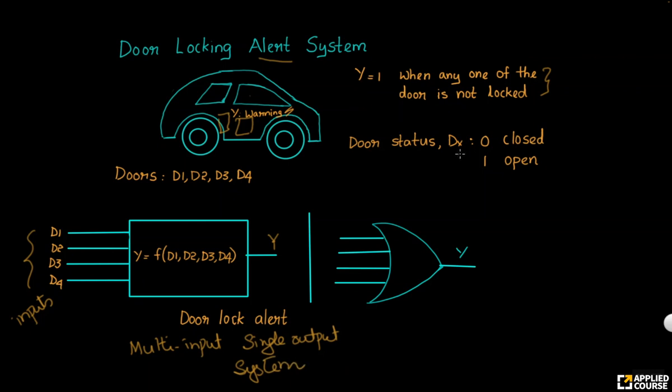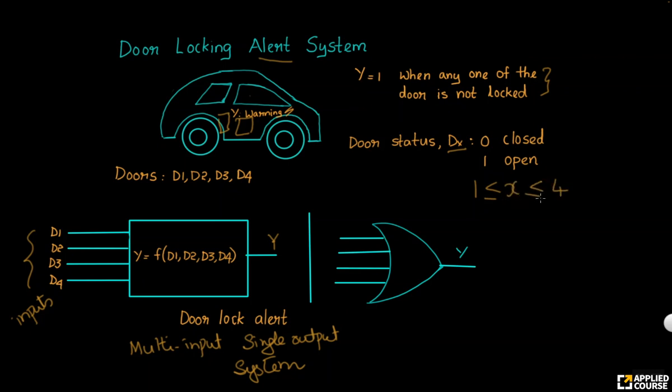We say the door status is Dx, where x can be 1 or 2 or 3 or 4, so 1 less than or equal to x less than or equal to 4.